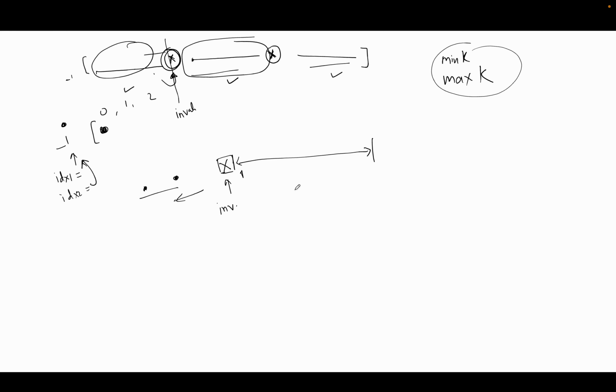So now when you see this element, it is within range. Is it equal to min k? Let's say not, neither equal to max k. So what we are trying to find is how many fixed bound subarrays end at the current index.